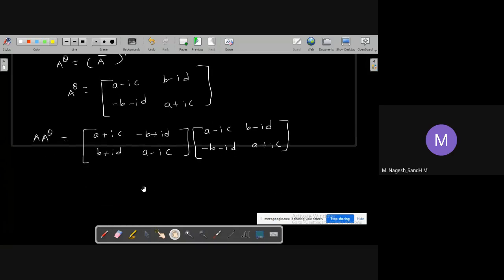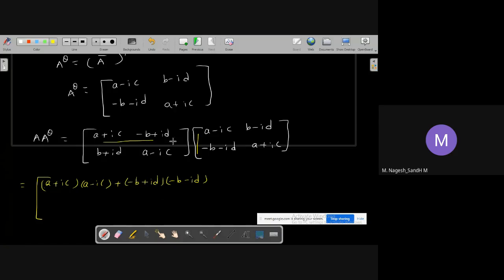So now we'll do its multiplication, row into column. First row into first column: a plus ic into a minus ic, plus minus b plus id into minus b minus id.